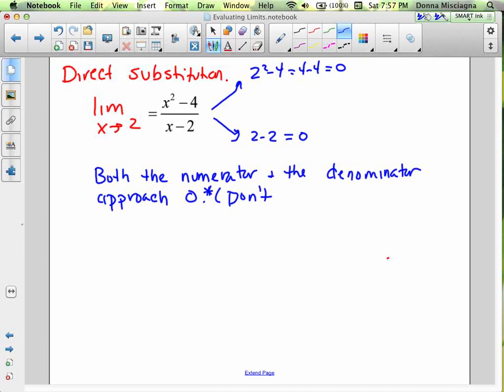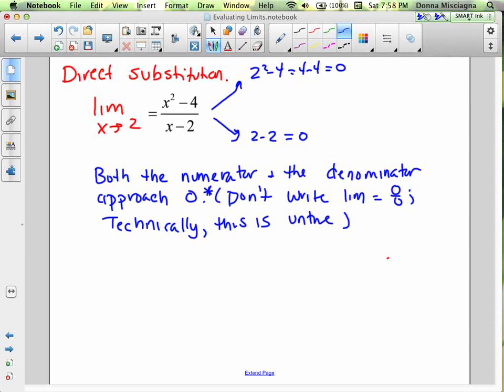But you don't write that the limit equals 0 over 0, because technically this is untrue. The numerator's limit is going to 0, and the denominator's limit is going to 0. What we have here is what's called an indeterminate limit.